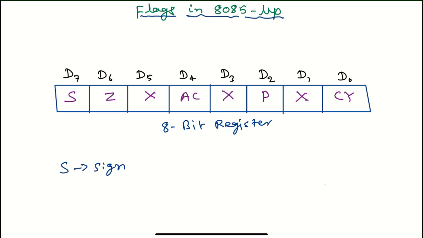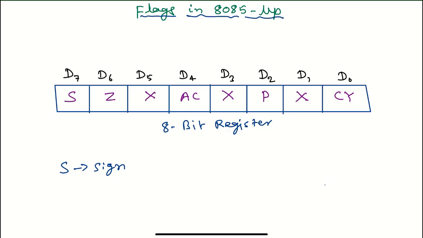The remaining 7 bits show the magnitude. Now if the D7 bit of the result is 0, the sign flag will be 0, and that indicates that the number is positive.